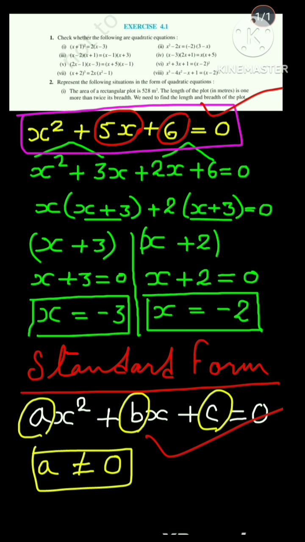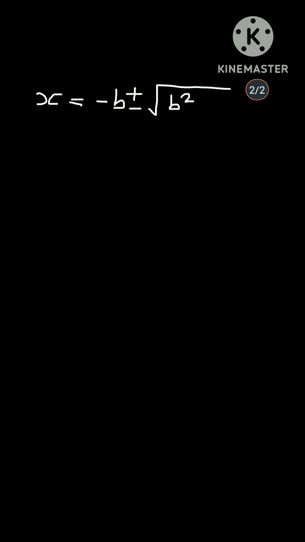Okay, now let's solve this equation by using the quadratic formula. For that, let's proceed to another page. Okay, we have the quadratic formula, and that formula is x equal to minus b plus minus root over b square minus 4ac by 2a.